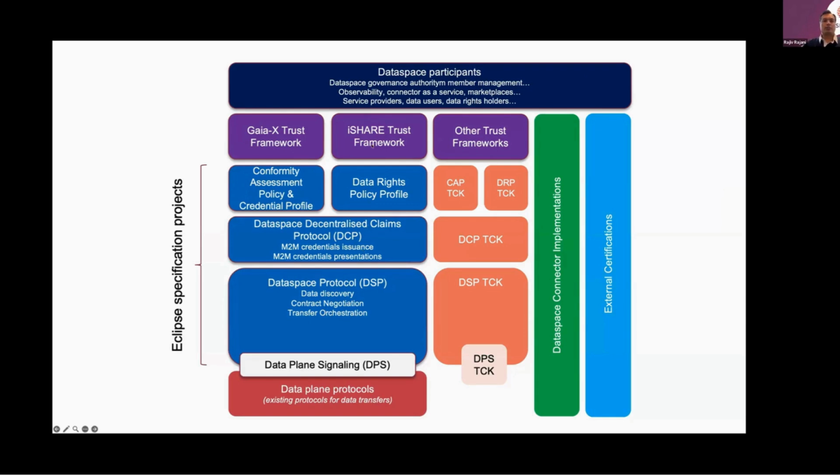But the credentials, they can come from trust frameworks in those perspectives. But also other kinds of credentials that might be out there. And those trust frameworks, what kind of credentials, because they enable the connection from data space participants to the connector layer. So we are trying to connect business to technology components.